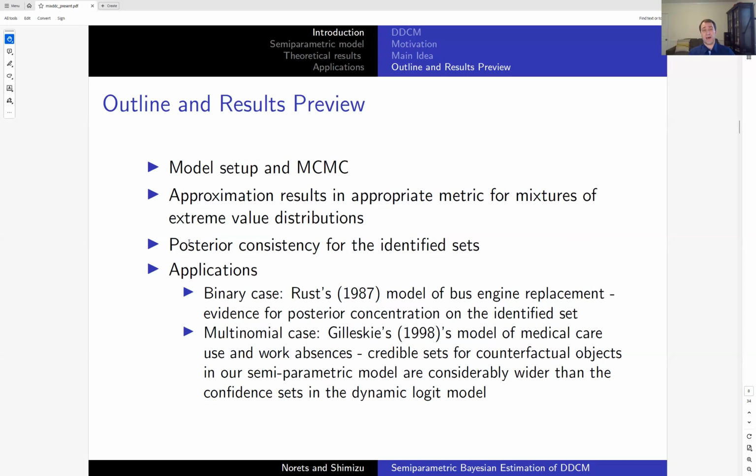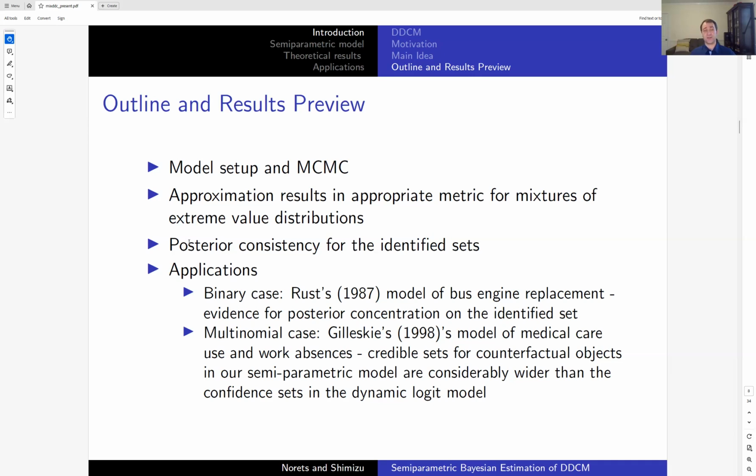So here is the outline. I will talk a little bit more about this dynamic logit model and what happens when we use mixtures. Then I will talk about approximation results in the context of this model, because we have to use a particular type of distances, so it can approximate model solutions as well, not just arbitrary metric approximation results.